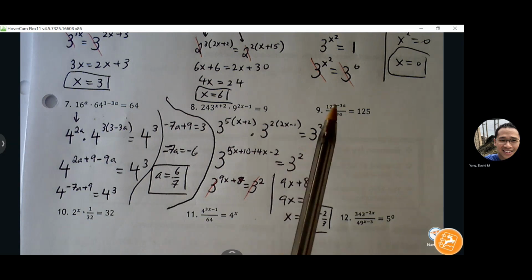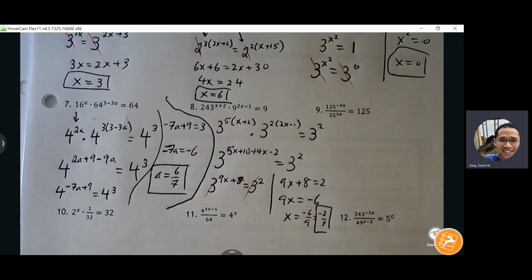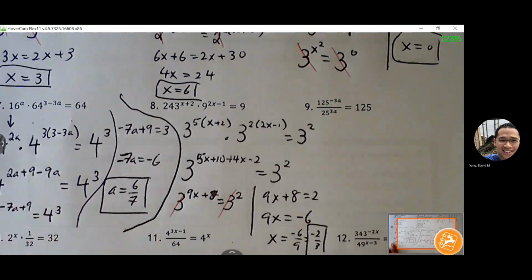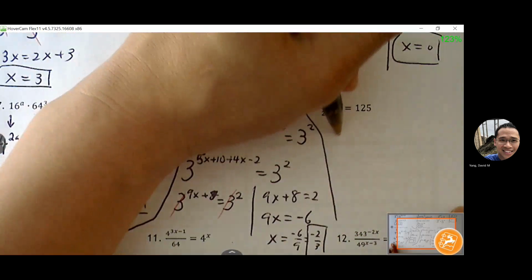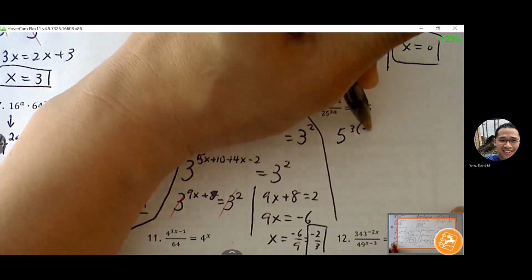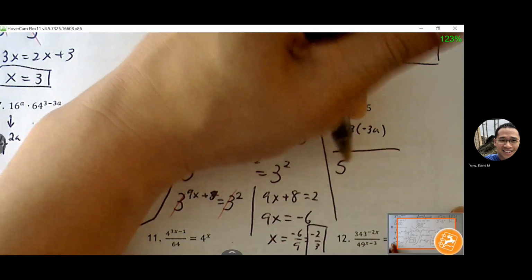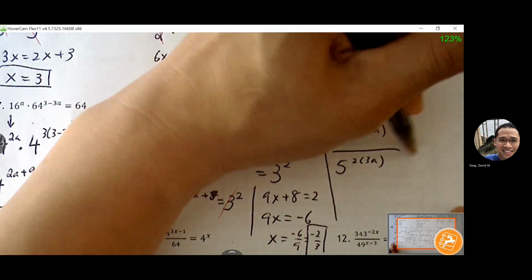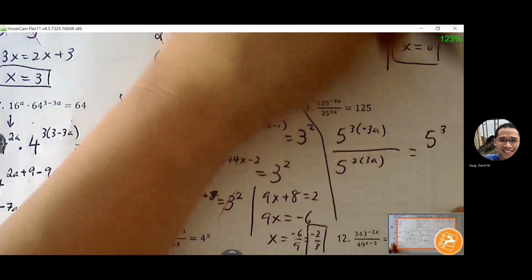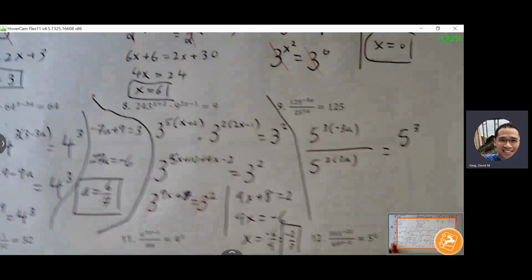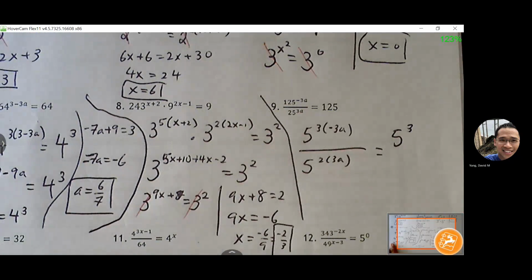Okay, 9. Let's get all the bases to share 5. On dividing bases, I can subtract exponents.